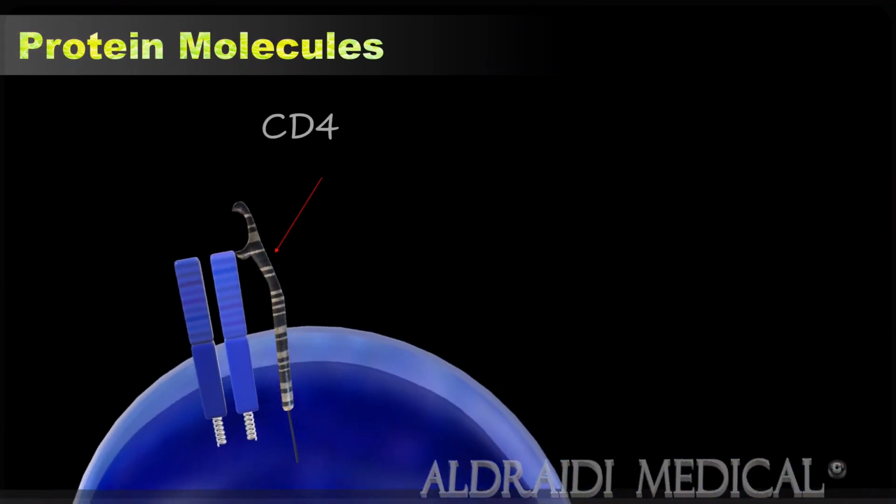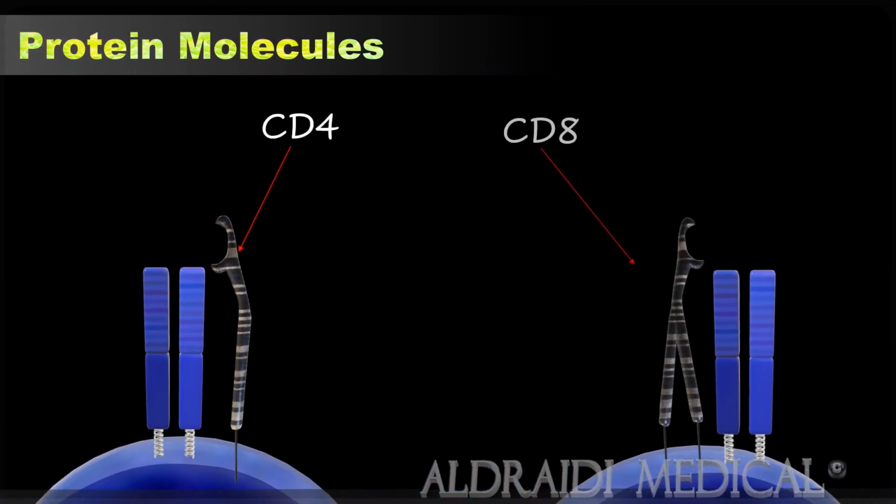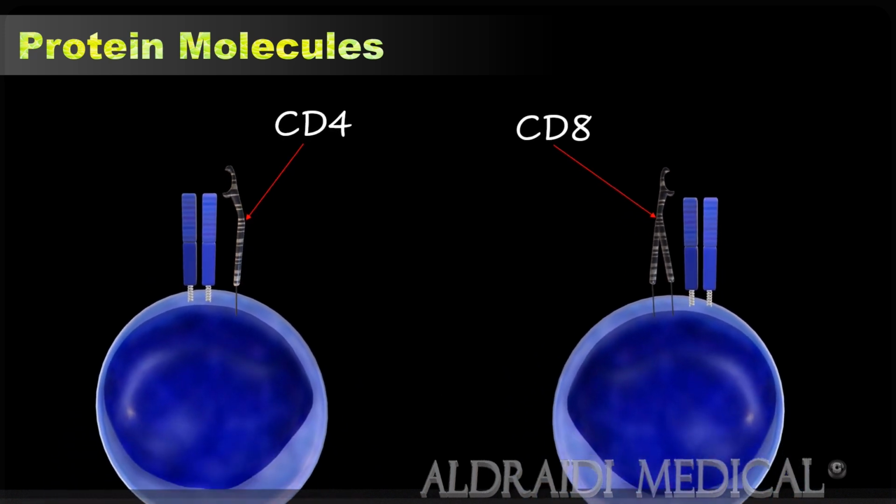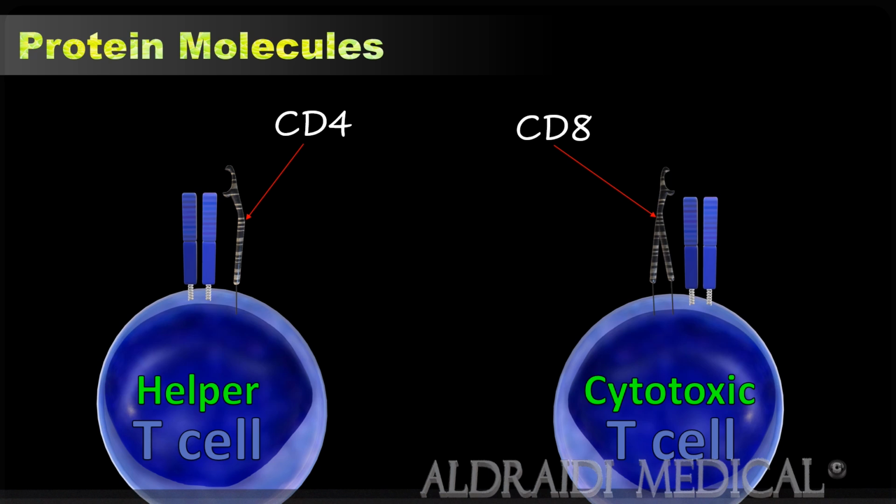Some protein molecules are like barcodes on the cells, and scanning them by immunocytochemical methods helps us differentiate between various populations of leukocytes that even our best microscopes can't distinguish. Such molecules are called cluster of differentiation molecules, and they are commonly used as cell markers.